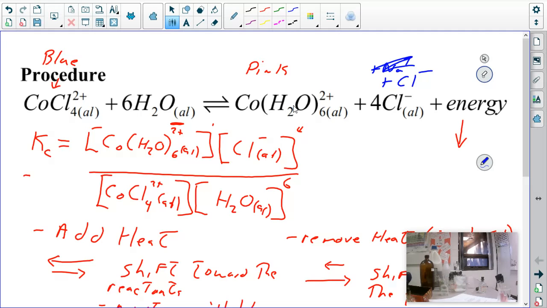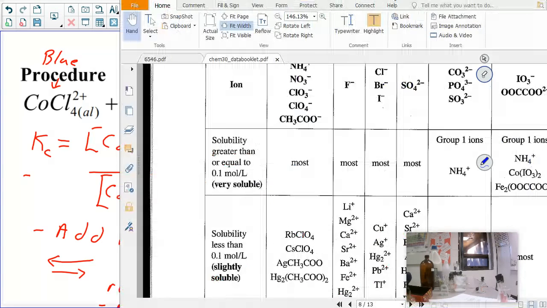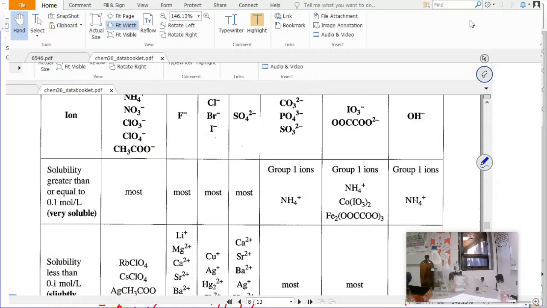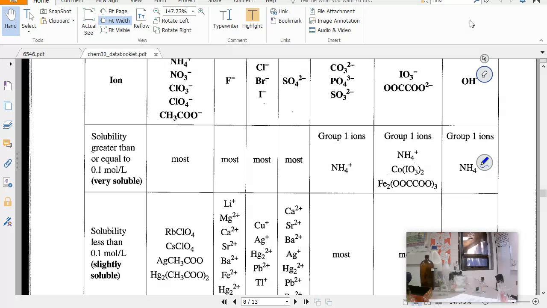I have to run back to my other computer to bring up my solubility chart. So when you see this where there's no silver and there's no nitrate ions, well, let's take a look at the solubility chart and see what adding silver ions do.